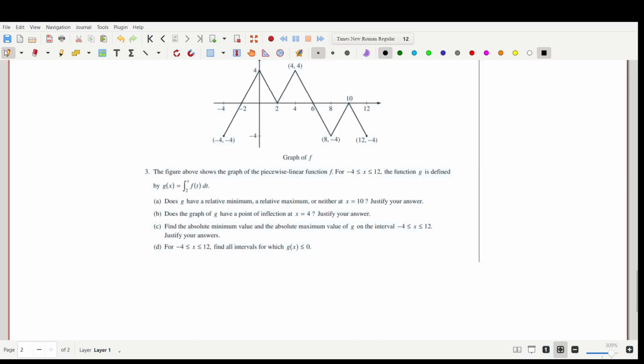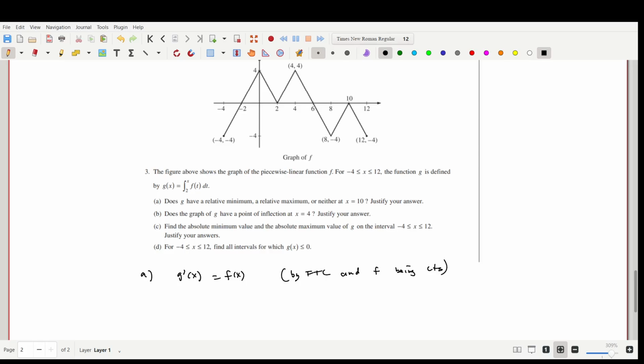The figure above shows the graph of the piecewise linear function f. Okay, g is defined by that integral. Does g have a relative max, min, or neither at 10? Okay, well, g prime of x is f of x by FTC. It is actually important that f is continuous.